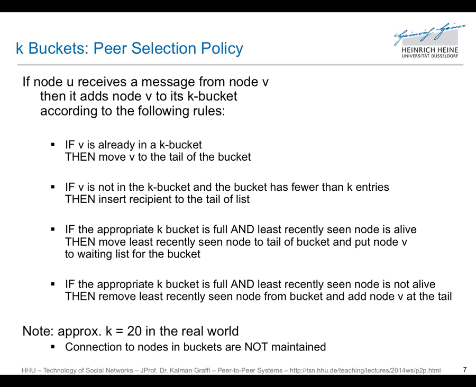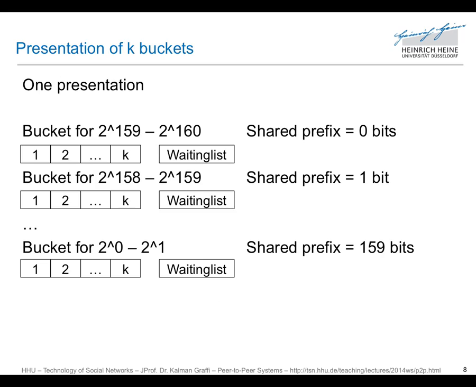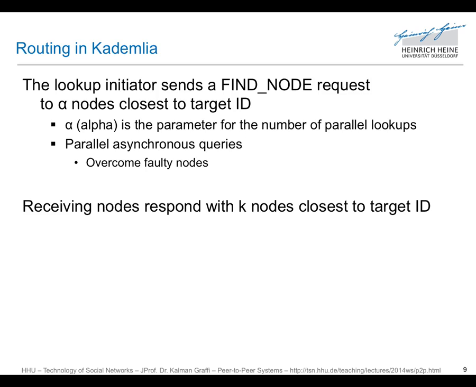If there's no space, then you drop him, or you check at least whether the full bucket has one offline node, and then you check the last seen online node to put him inside. So you have the different 160 buckets, which is the same as having the shared prefix with the various entries, and you also have a waiting list, and it's working quite robustly.